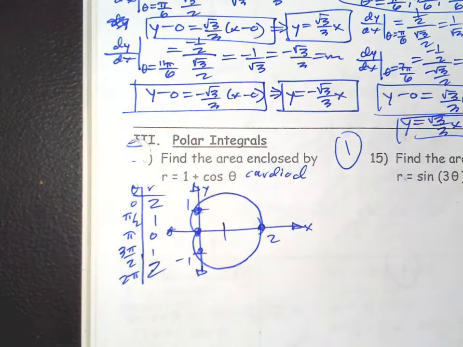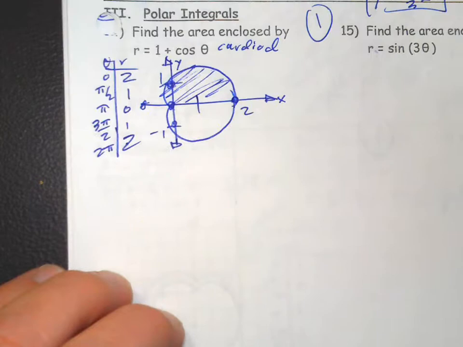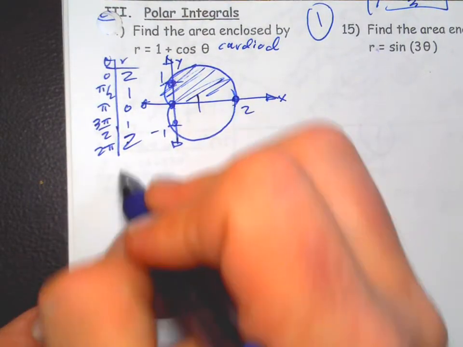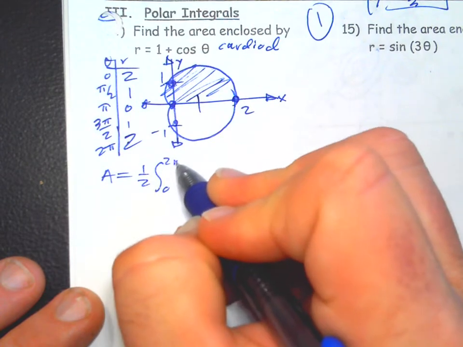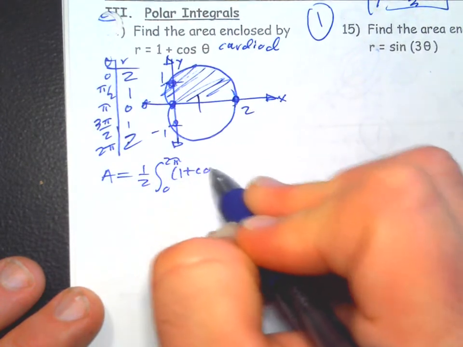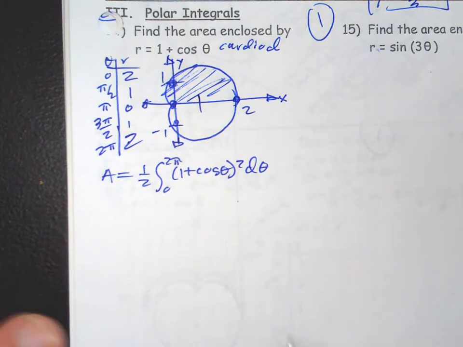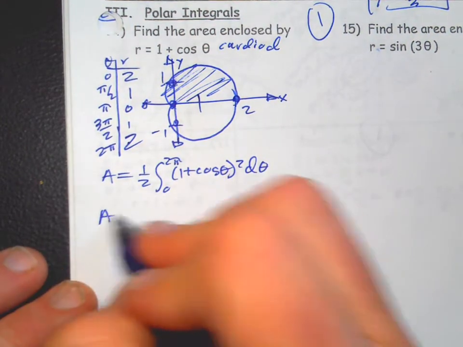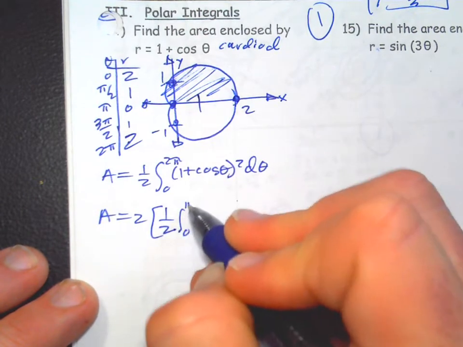Okay, so you could do the whole thing, or you could do half of it, double it. So the whole thing would be 1/2 integral 0 to 2 pi of (1 plus cosine theta) squared. Or you could use symmetry and say, let's just do half of it, 0 to pi, and then double it.